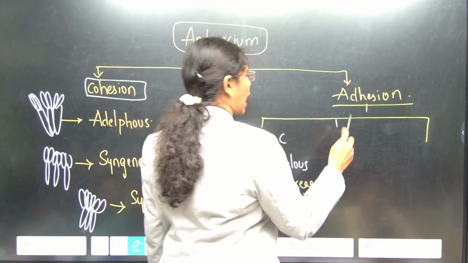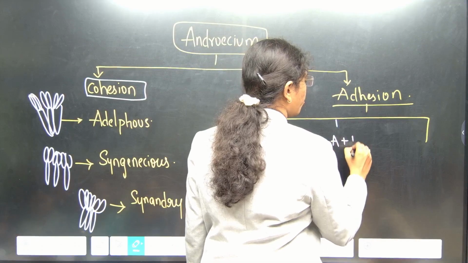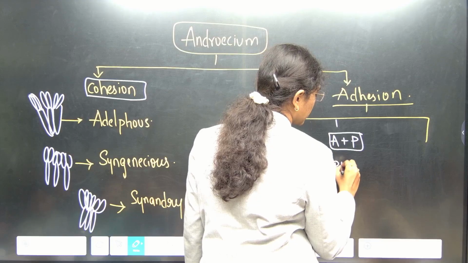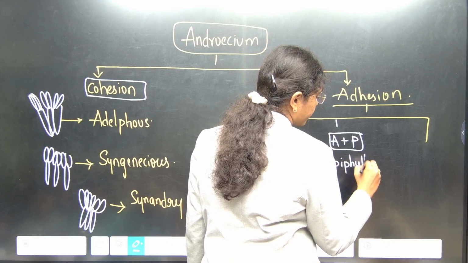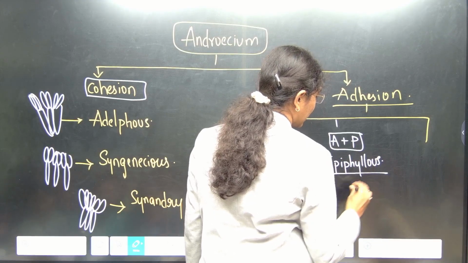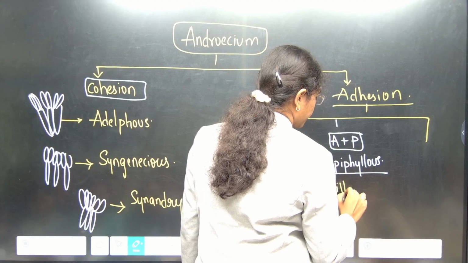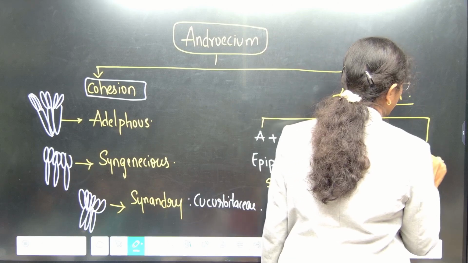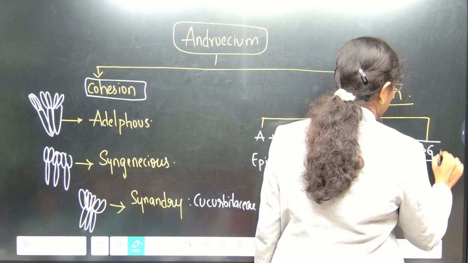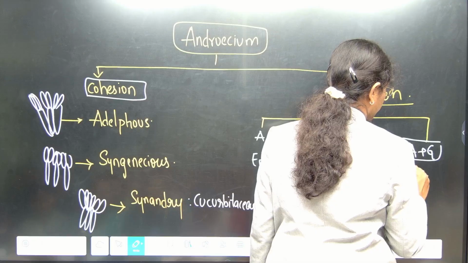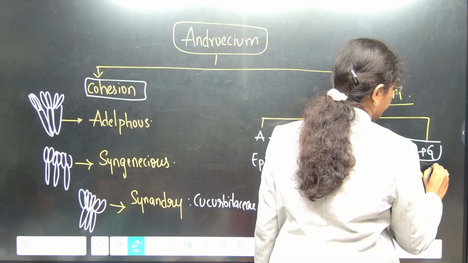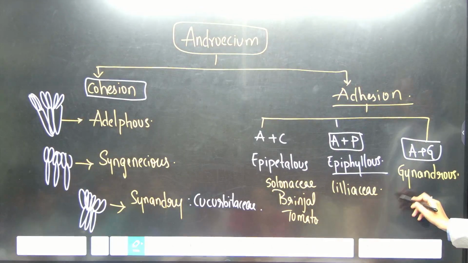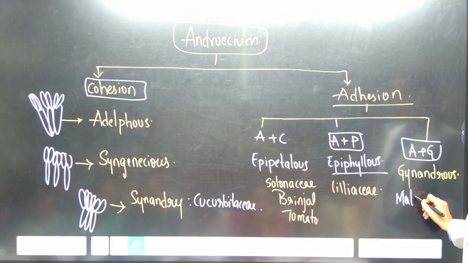If androecium is attached to perianth, it is known as epiphyllous, observed in Liliaceae. If androecium is attached to gynoecium, it is known as gynandrous, observed in Malvaceae members.